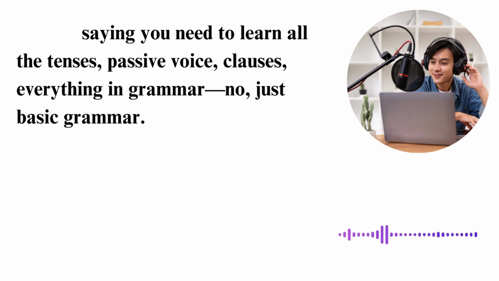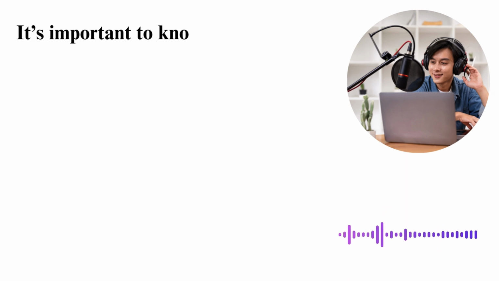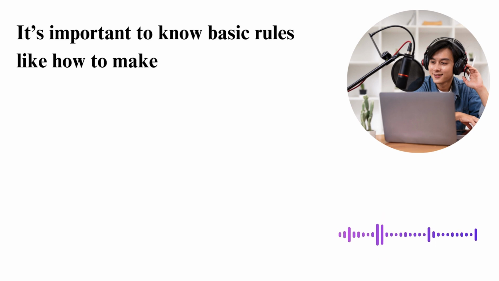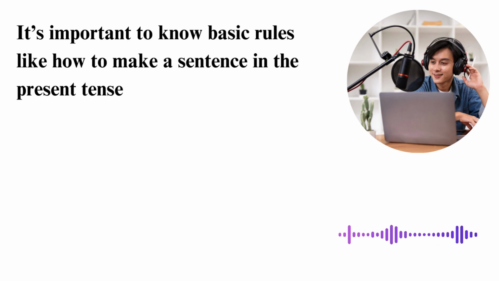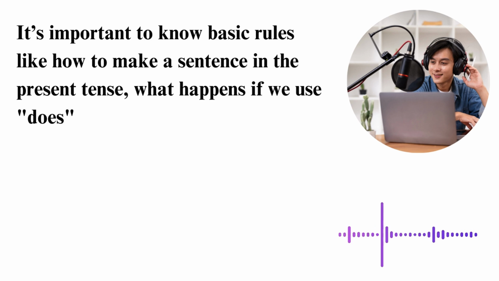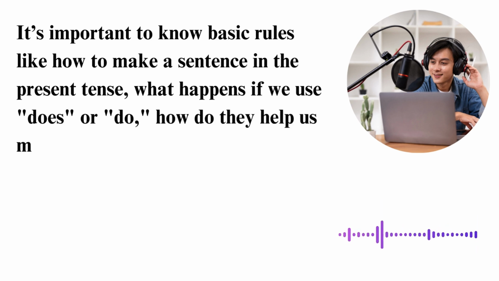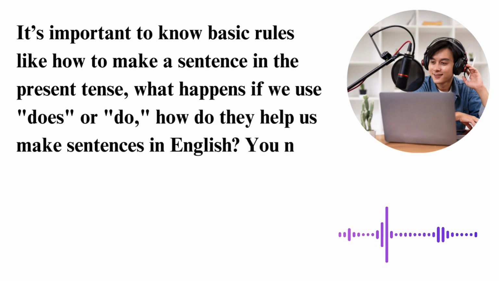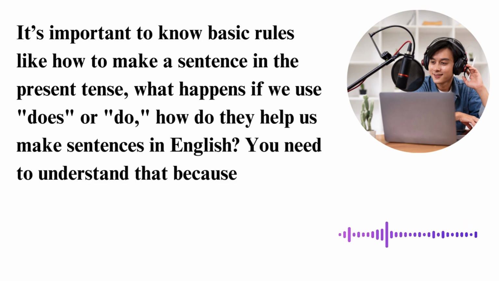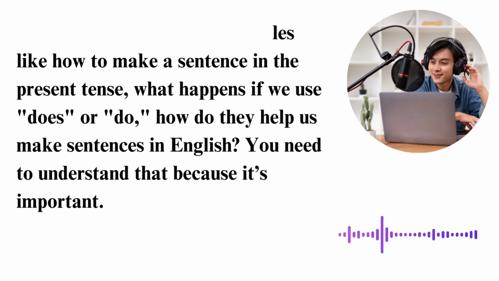No, just basic grammar. It's important to know basic rules like how to make a sentence in the present tense, what happens if we use does or do, how do they help us make sentences in English? You need to understand that because it's important.